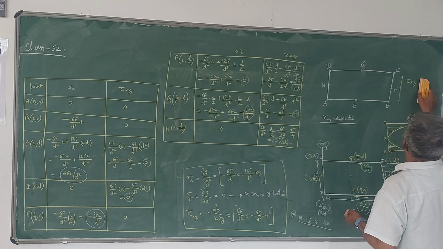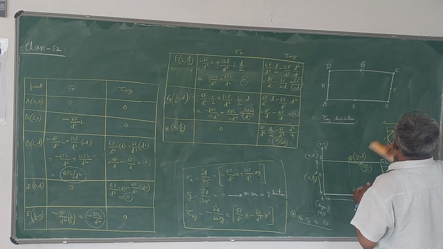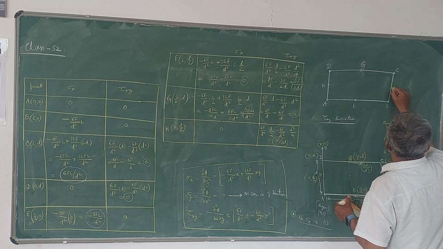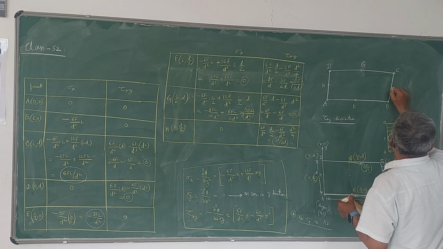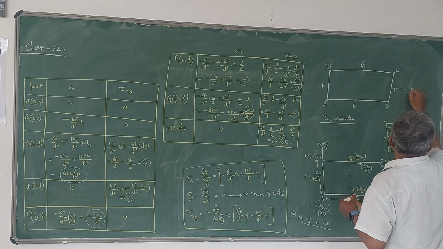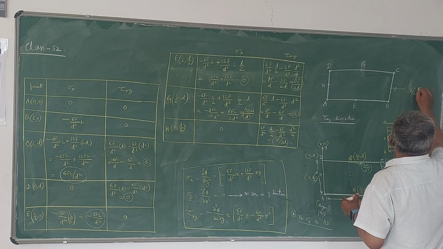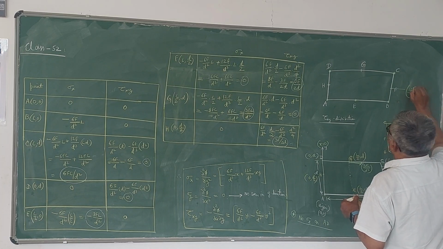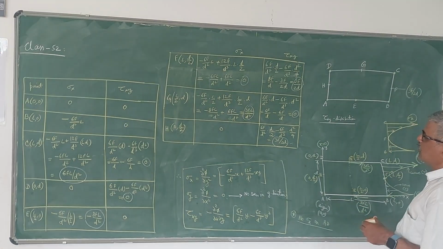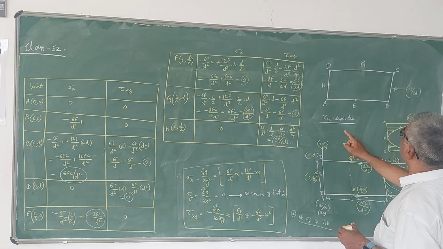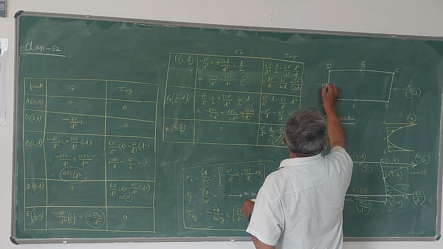Here it is 0 of course, and here it has some value, 3F by 2D. And at H also it is 3F by 2D.